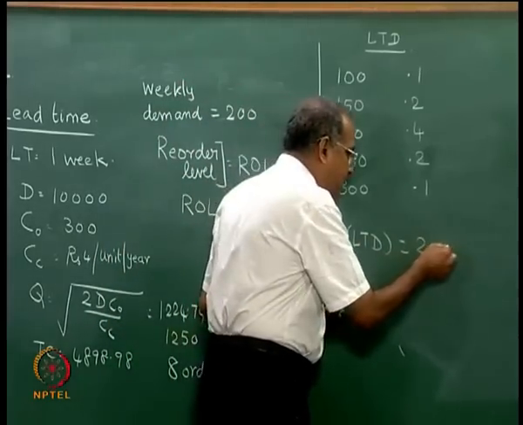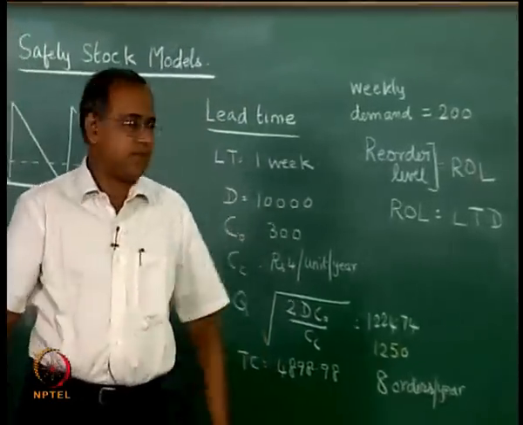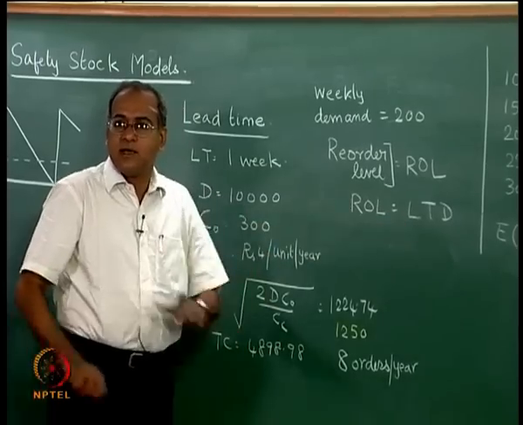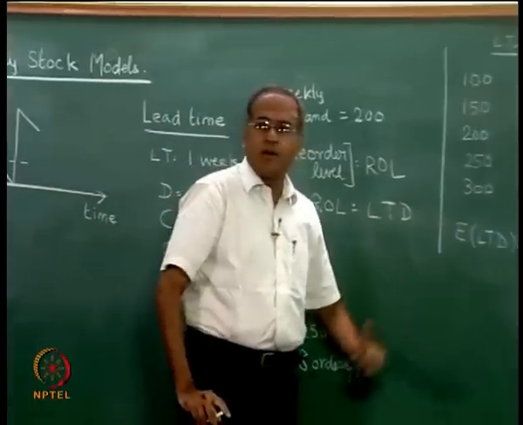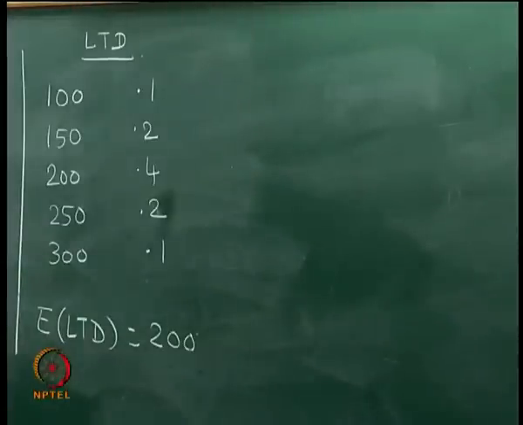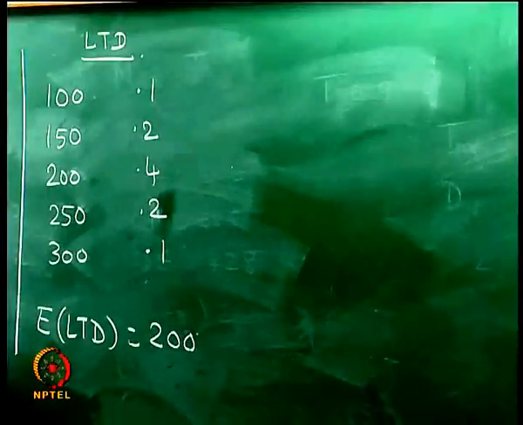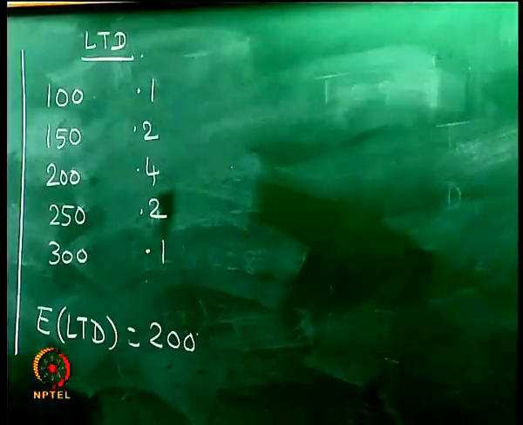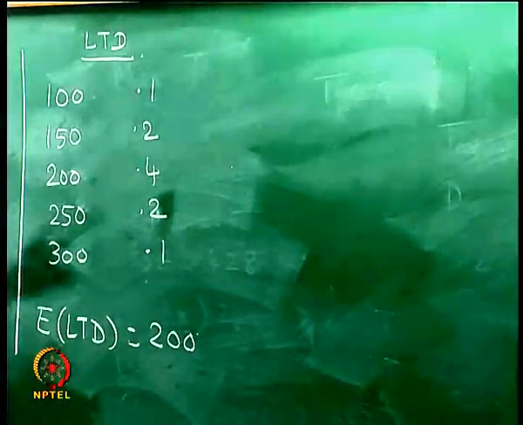Now, if we take the reorder level to be the expected value of lead time demand, in this case we took it exactly equal to lead time demand because lead time is deterministic, demand is deterministic. Roughly about 70% of the times we will be able to meet the demand and 30% of the times we will not be able to meet the demand because of 200.